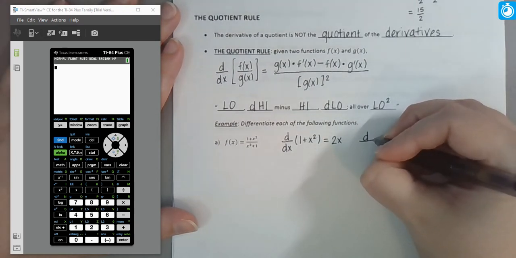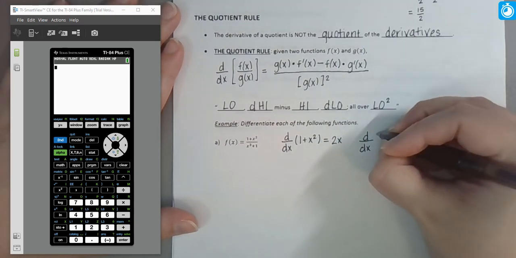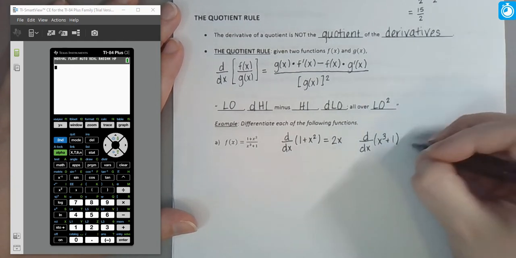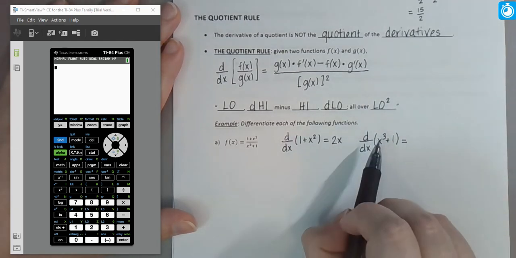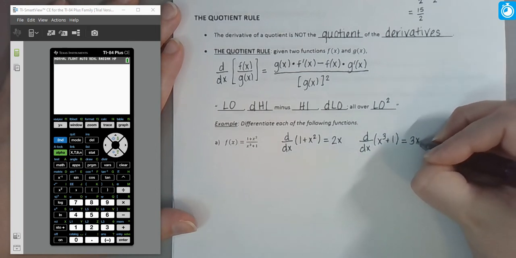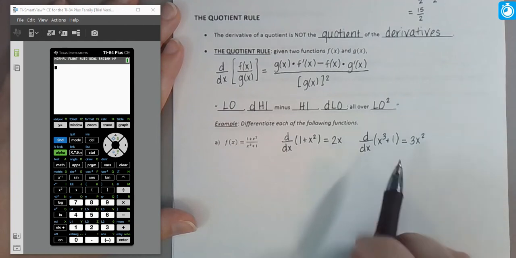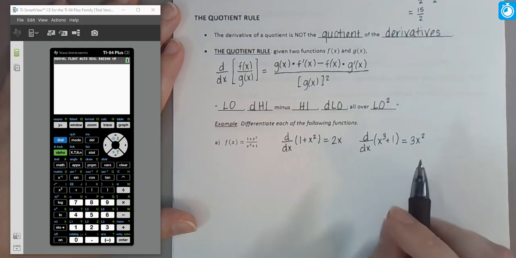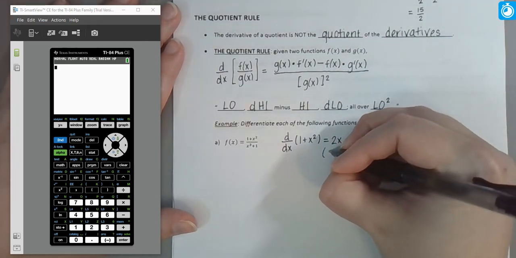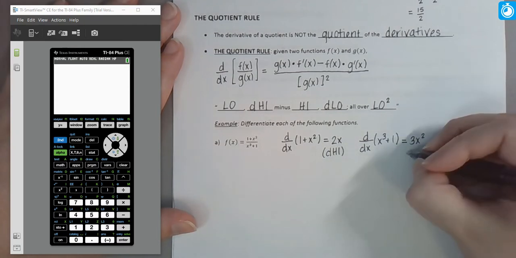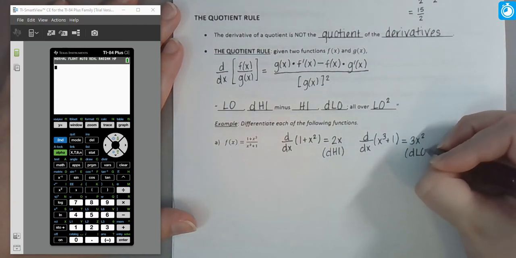Now the derivative of the lower function, which is x cubed plus 1. Take the derivative of the first term, so that's going to be 3x squared. And then the derivative of the second term, again a constant, goes to 0. So this is going to be d high, if we're using that mnemonic, and this will be d low.